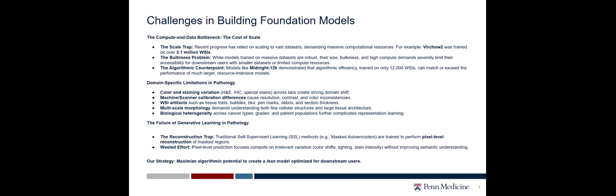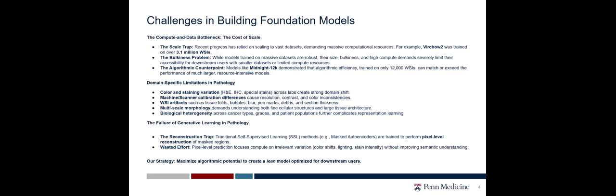Pathology foundation models face major challenges. Recent progress has come from massive scaling. Models like Virchow 2 were trained on more than 3 million whole slide images, requiring enormous compute and making them inaccessible for most labs. But scale isn't the only answer. The Midnight 12K model showed that with the right algorithmic approach, far smaller datasets can match or even outperform these huge systems.